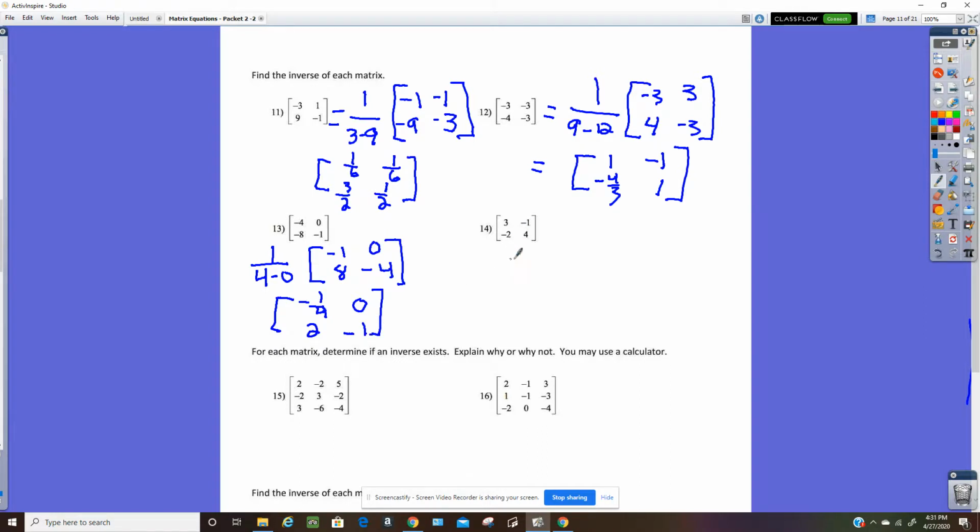And then number 14, 1 over 12 minus 2, and then switch these two into 1.